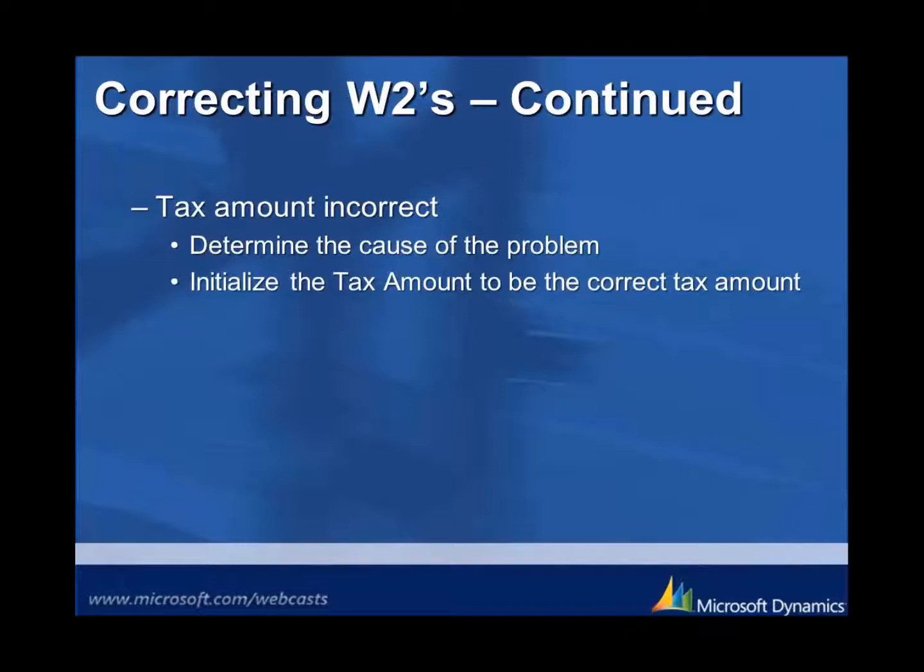I have run into this too many times, and it's been a very big pain point for many clients that someone has made changes to these tax amounts without really understanding why or what they were doing, and we've had to do some database repairs to fix it. So it's very important that you don't make any initialization changes until you know for 100% certain what you're correcting and why.